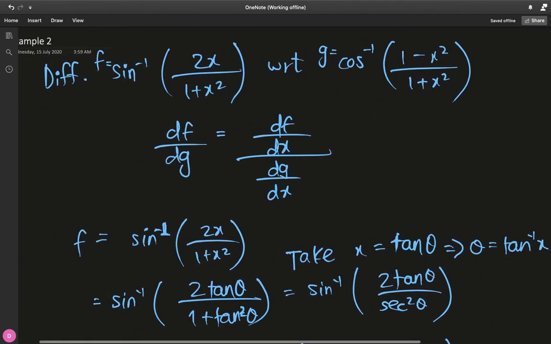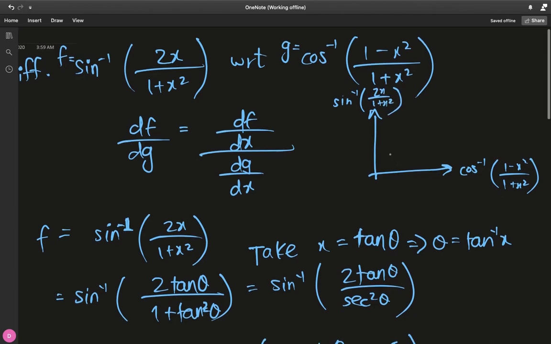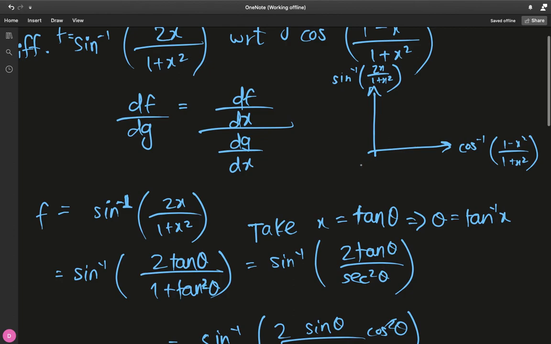So if you were to graph something like cosine inverse of 1 minus x squared over 1 plus x squared on the x-axis here, and on the y-axis, say if you were to graph sine inverse of 2x over 1 plus x squared, then it would trace out a straight line like this, like the graph y equals x, which has again itself a derivative of 1 with respect to x.